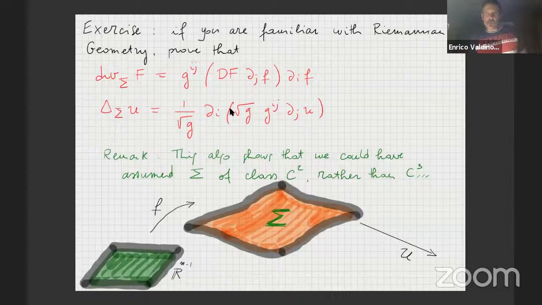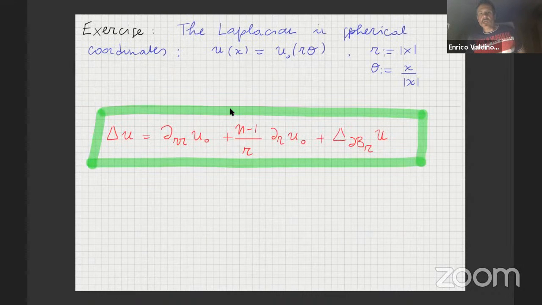But if you want to work extrinsically, it's better to have one derivative more, because in this way the normal is C2 and the projection is C2 and so on.